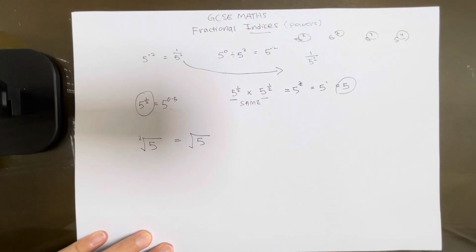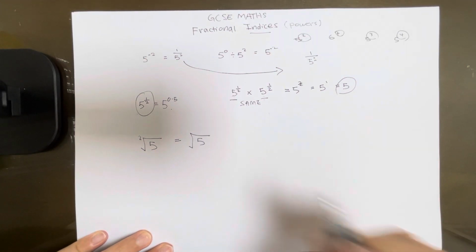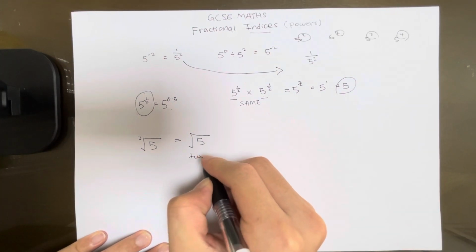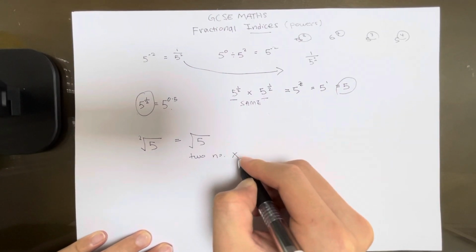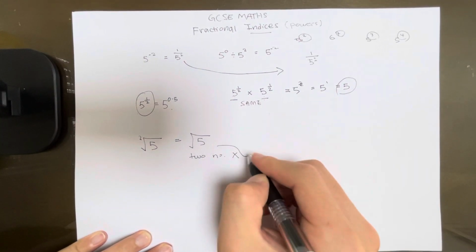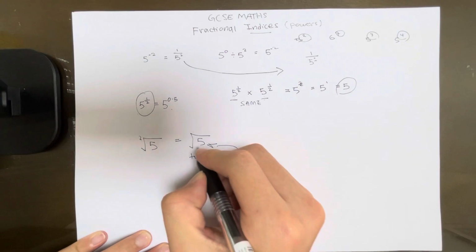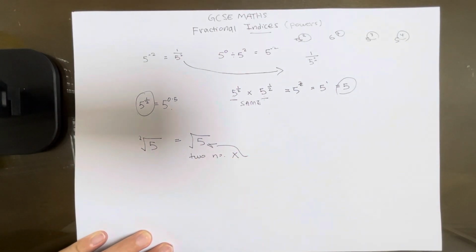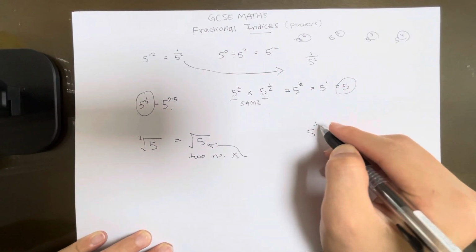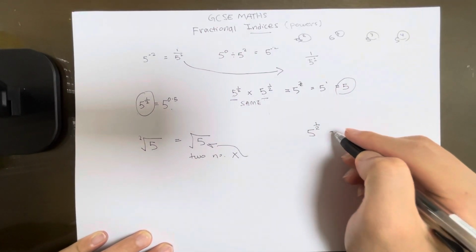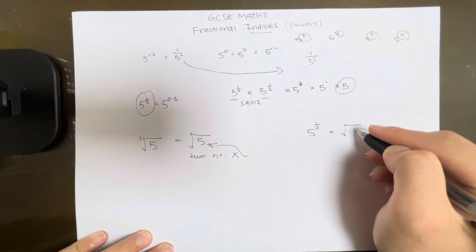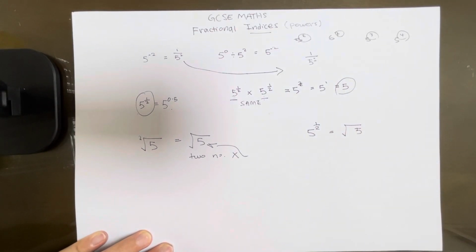In the previous video where I explained the basics of square roots, I explained that it's 2 numbers that multiply together to make the number below it. So the square root of 5 is 2 numbers that multiply together to make the number 5. So 5 to the power of a half is the square root of 5 because it's 2 numbers that multiply together to make the number 5.